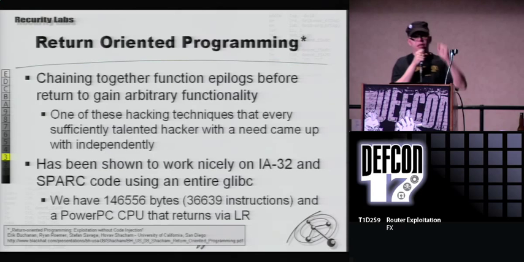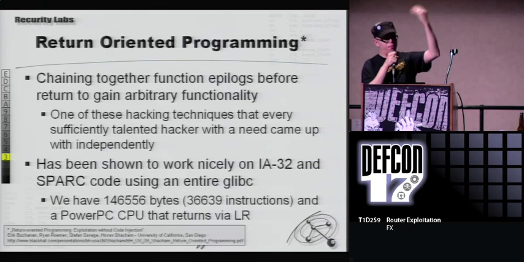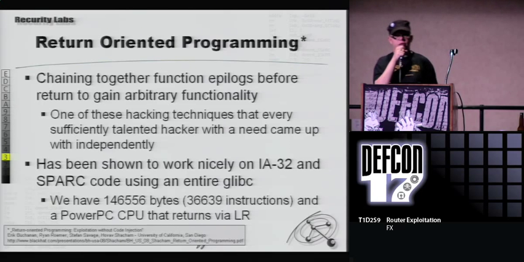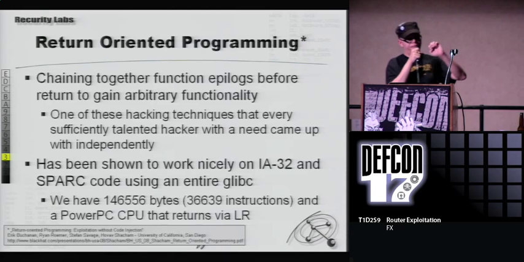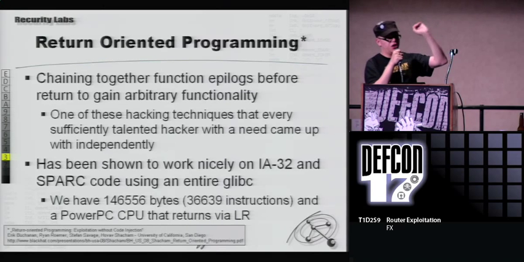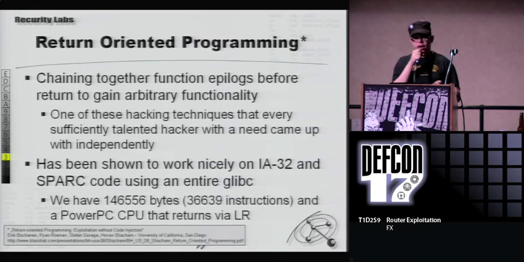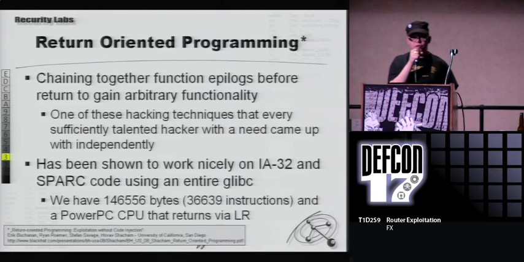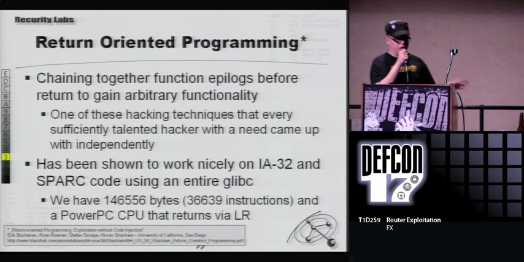And you keep jumping into function tails, because if you jump into a function tail, then it's going to pop stuff off the stack, and so the stack pointer goes up, and then you can actually control it again. So you use that, and then you use the few instructions before that to actually cause things to happen. And in this talk, they actually proved this method to be Turing complete on Intel and PowerPC. So we know that it's actually generalizable. And now we do the same thing with the ROMMON.